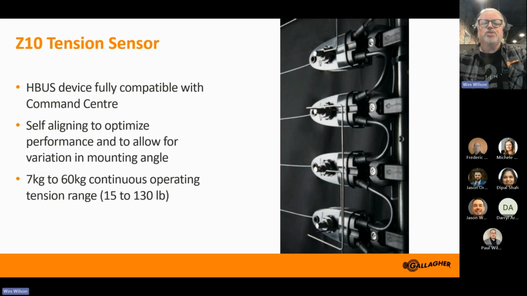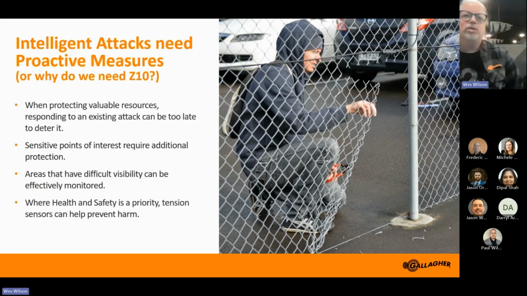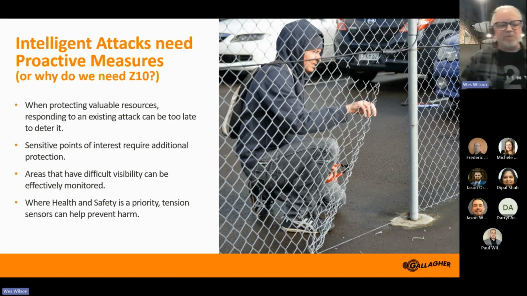So let's talk about some of the circumstances that I was detailing earlier. I call this, why do we need the Z10? So when you're protecting resources, and you're trying to respond to an existing attack, sometimes you might be too late. Paul laughs a lot about how if you have a camera system, it'll be good for watching people run away with your things.